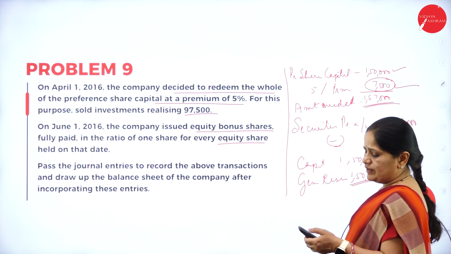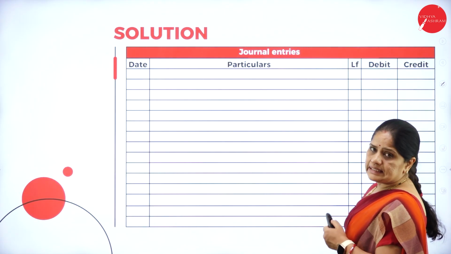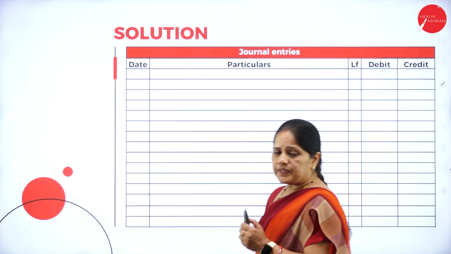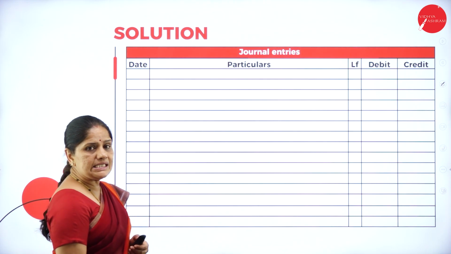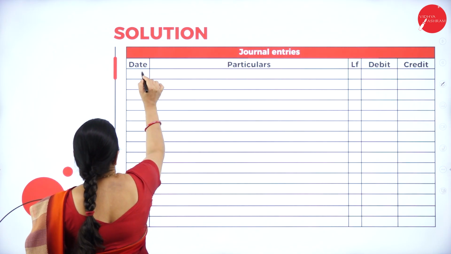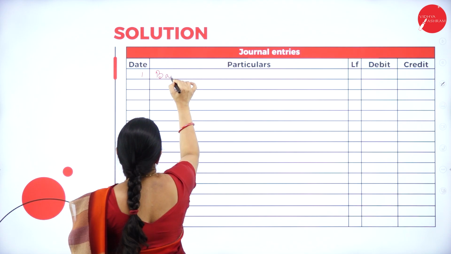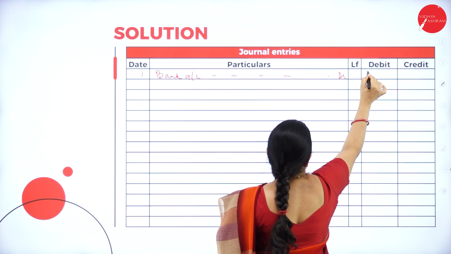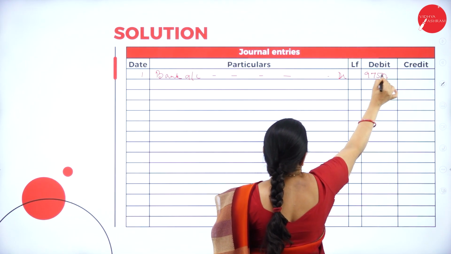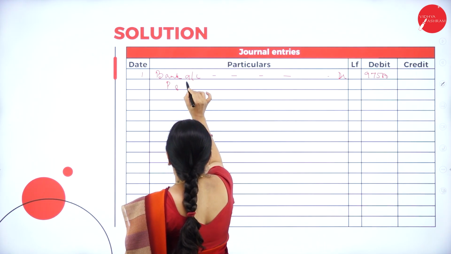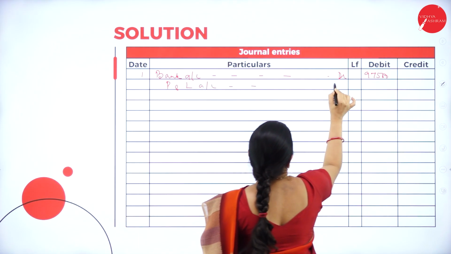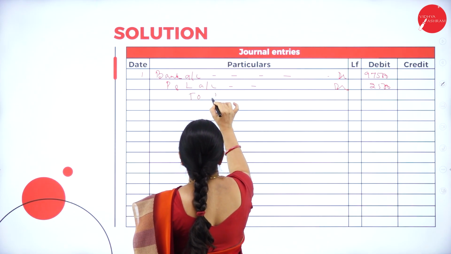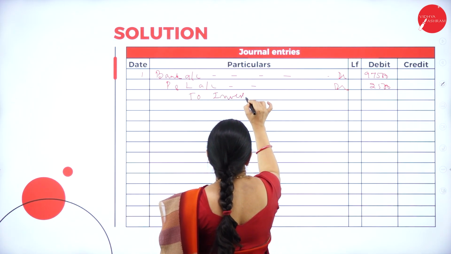Then, next thing will be, we have to just write the journal entries here. So, since there is a sale of investment, the first journal entry will be for the sale of investment. So the first entry will be bank account debtor 97,500. Profit and loss account debtor 2,500.